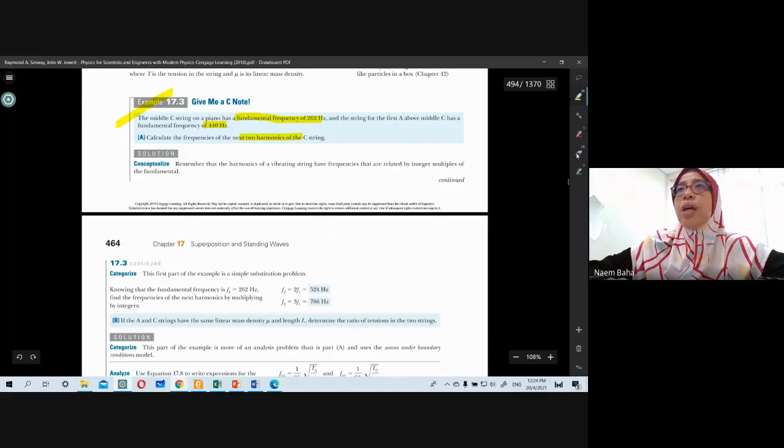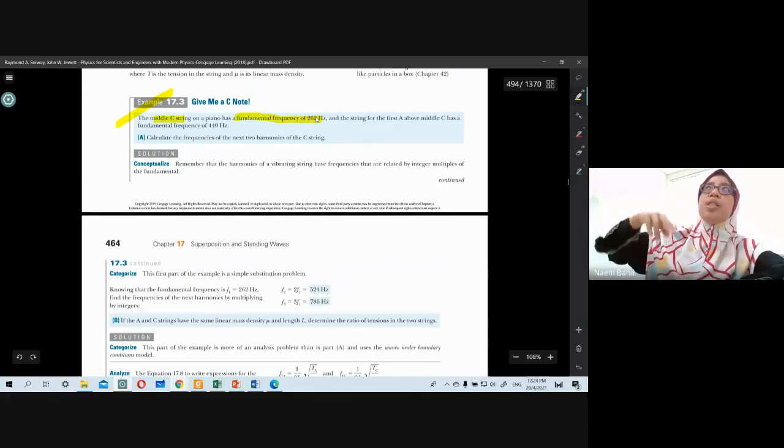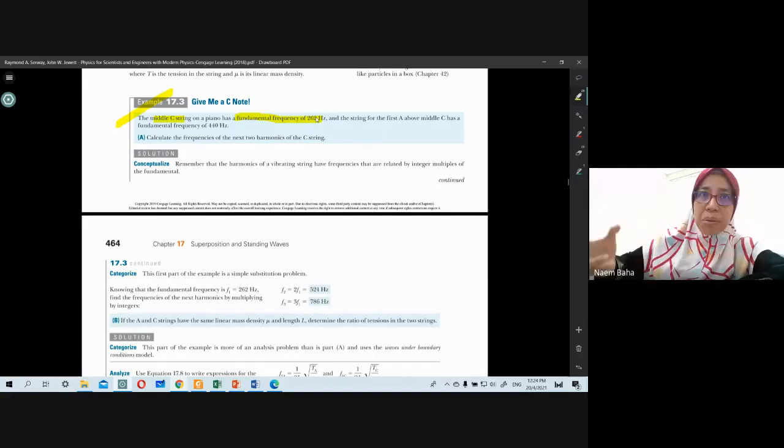Sorry, we have to reread the question once again. The middle C string has a fundamental of 262. Let's focus on this. So calculate the next two harmonics of this string: 262 times 2 and also times 3, the next two, which are F number 2 and F number 3.